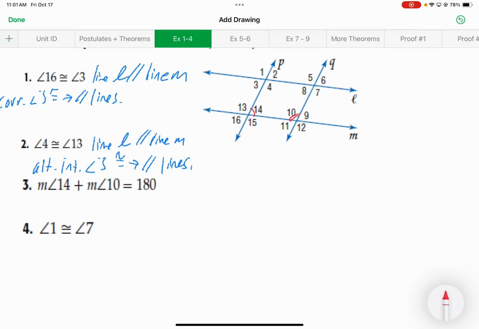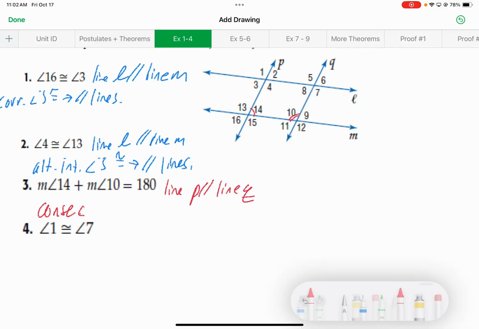So what lines could I get parallel out of that? P and Q, because they're connected to P and Q. Good. So I'd say line P parallel to line Q. And then we would say consecutive. Ooh, what did we say on the last slide?